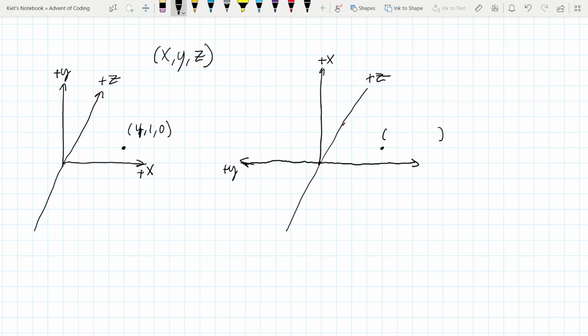Now, what values should go on here? Well, for z, the z stays the same, because all we've done is rotate the axes 90 degrees counterclockwise. Hopefully this is clear from the diagram: the x went from being here to being up here, and the y went from here to being down, like that.